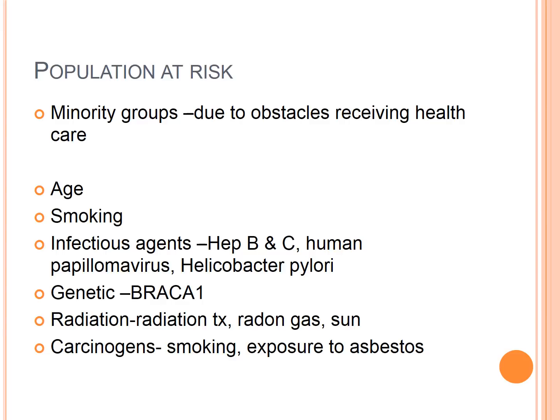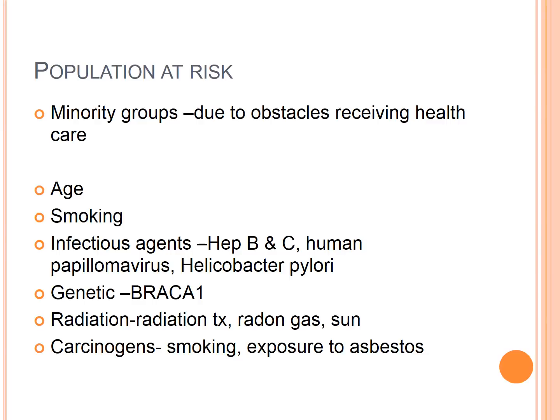Infectious agents: people who have Hep B or Hep C have abnormally functioning livers. Their cell replication in the liver is abnormal, which puts them at risk for developing different types of cancer, abnormal cells in the liver.